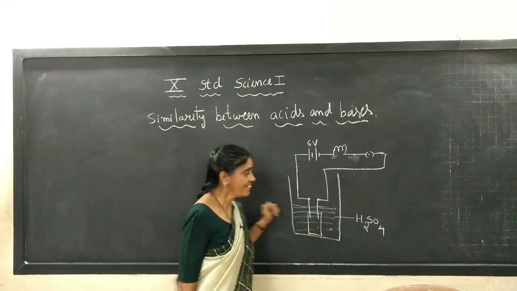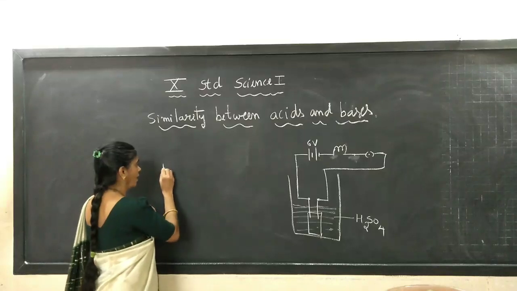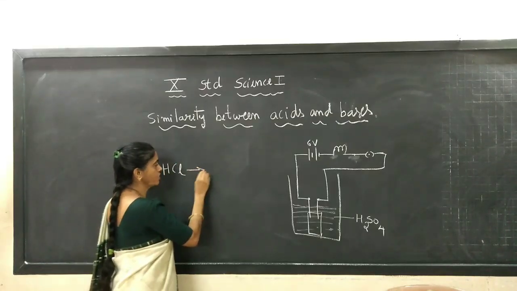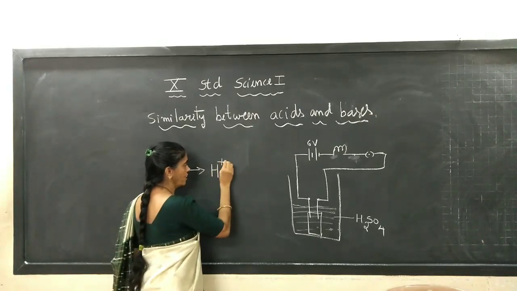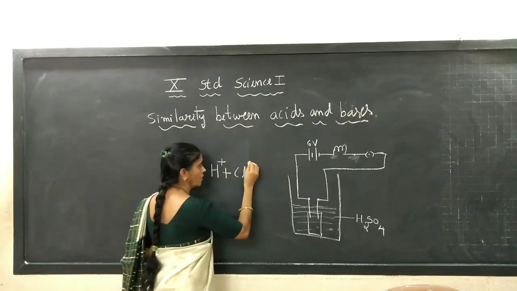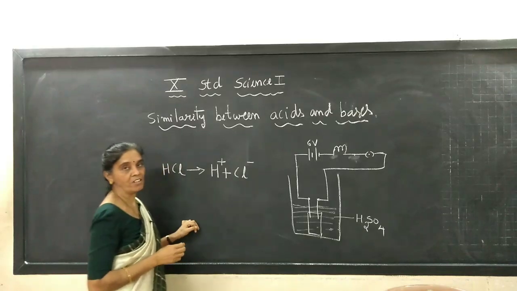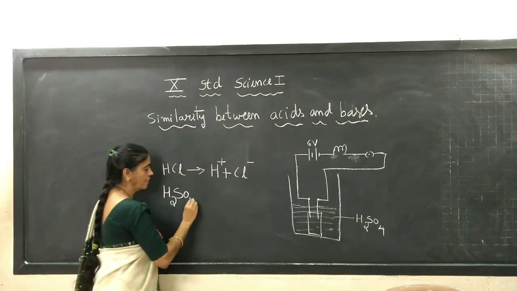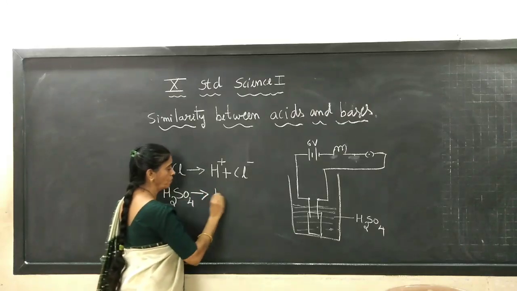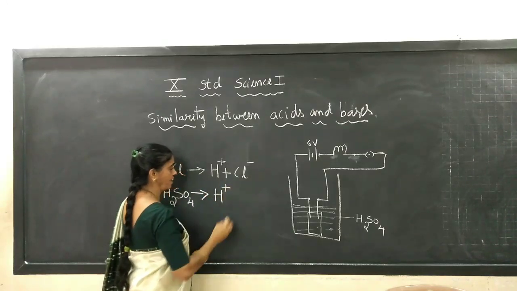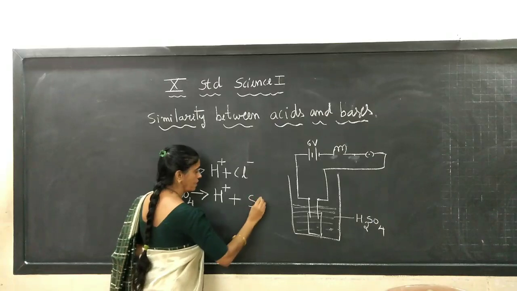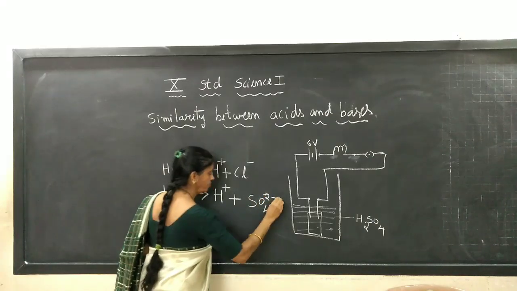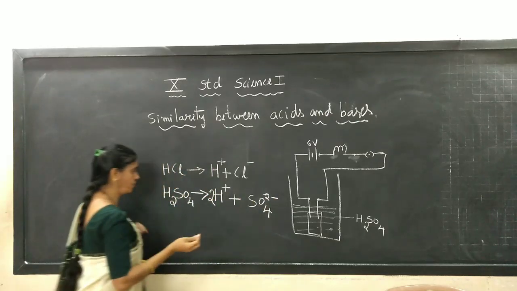Now, how does it take place? HCl in water breaks into hydrogen ion plus chloride ion. Sulfuric acid breaks into hydrogen ion plus sulfate ion.